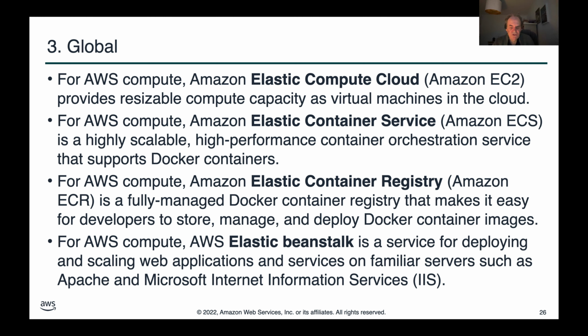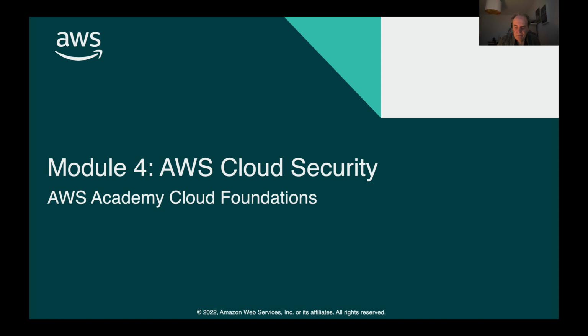We then have the registry that allows us to be able to find a place that we define these Docker components, so we can easily go and locate them. And then Beanstalk allows us to be able to scale up web applications using typical ones like Apache and IIS.